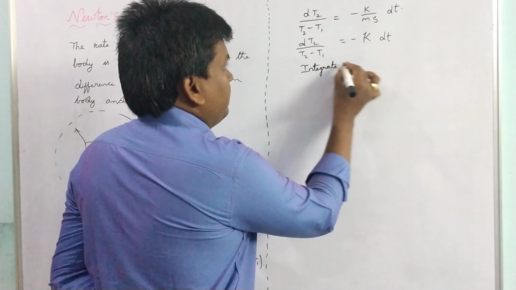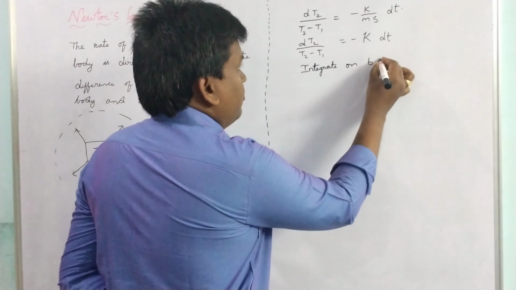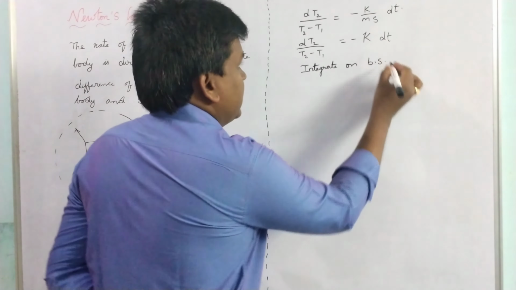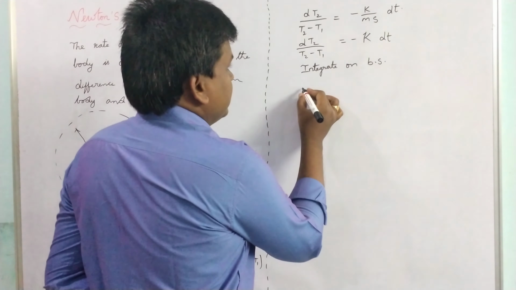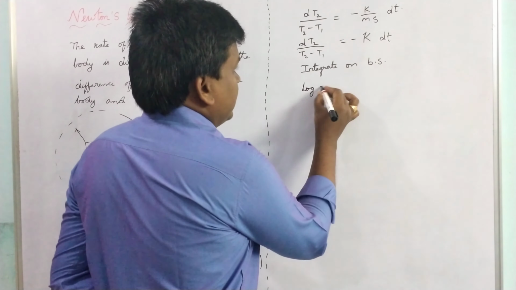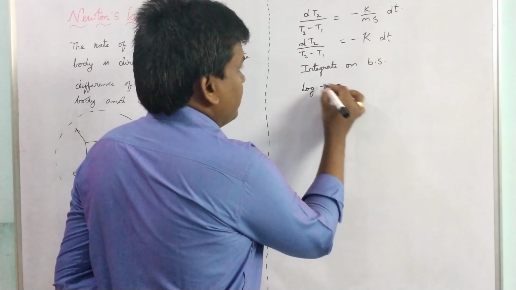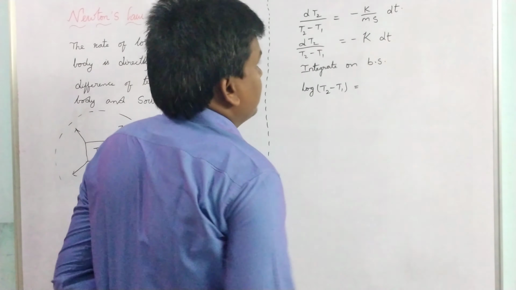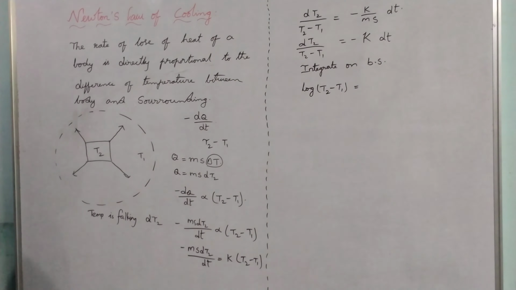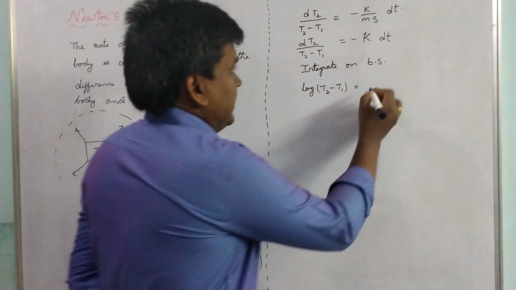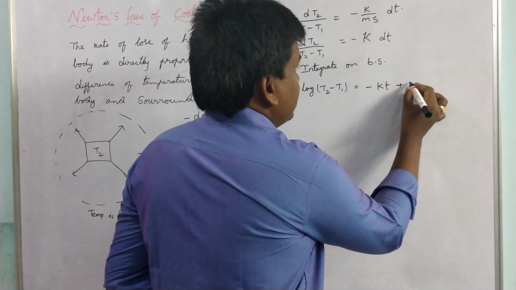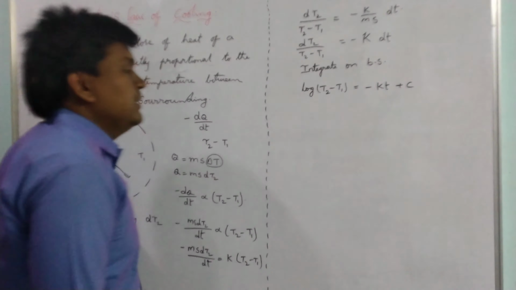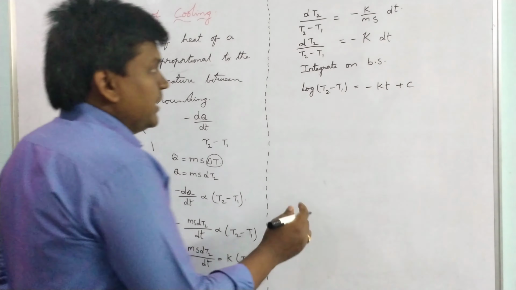Now integrate on both sides. By integrating, we will get log of T2 minus T1 is equal to the integration of the constant, minus Kt plus a constant C. Here K is the constant of cooling.